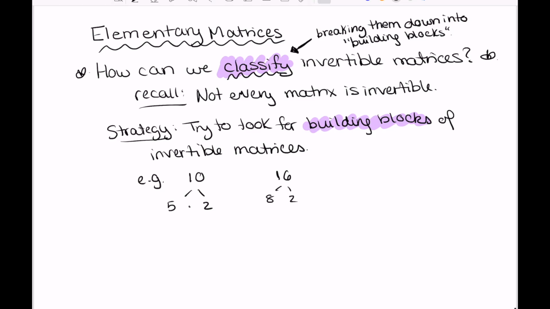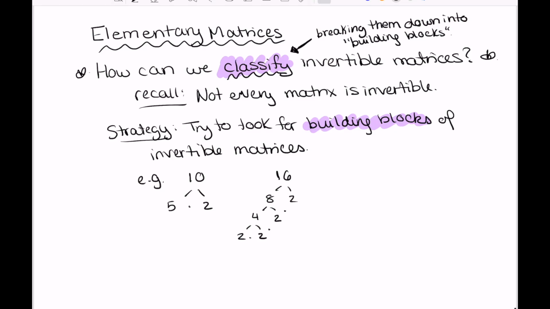And 5 and 2 can't be broken down anymore under multiplication. The number 16 can be broken down into 8 and 2, but then 8 can be broken down into 4 and 2, and 4 can be broken down into 2 and 2. And so 16 has the number 2 four times as its building blocks. That is, it has four 2s as building blocks.